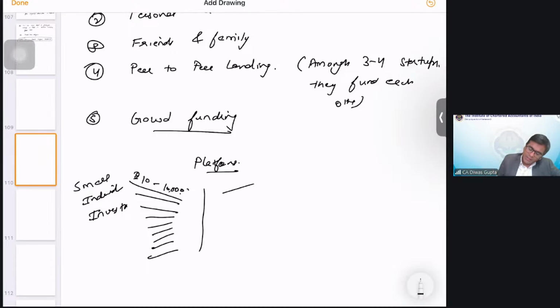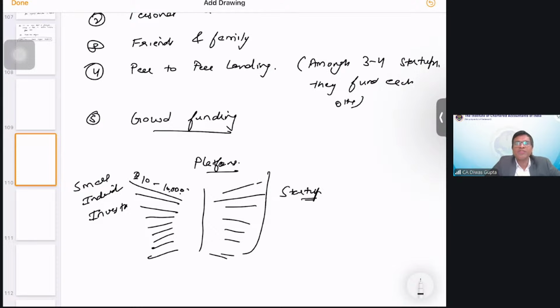Then the listed businesses are startups here. They are also listed here. They are in need of money, and these small individuals will select or pick some of the startups in which they want to invest, right? And it will give them a chance to invest in those startups by investing smaller amounts, correct?